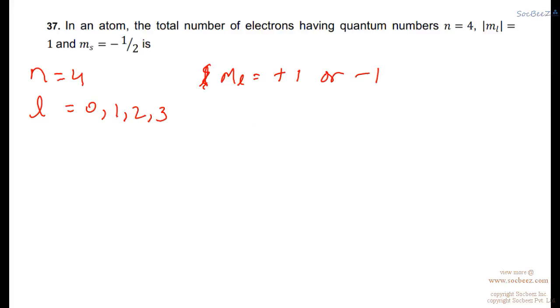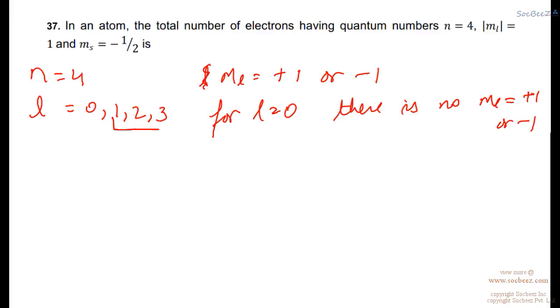Okay, so for l equals 0, there is no ml equals plus 1 or minus 1. Okay, so for l equals 1, 2, 3, there are ml equals plus 1 and ml equals minus 1. For l equals 1, ml equals plus 1 and minus 1.